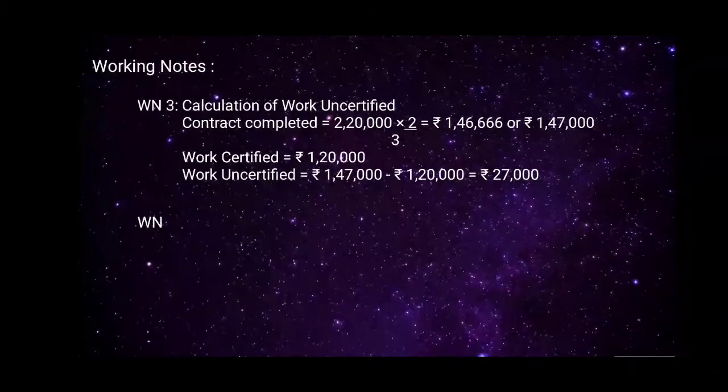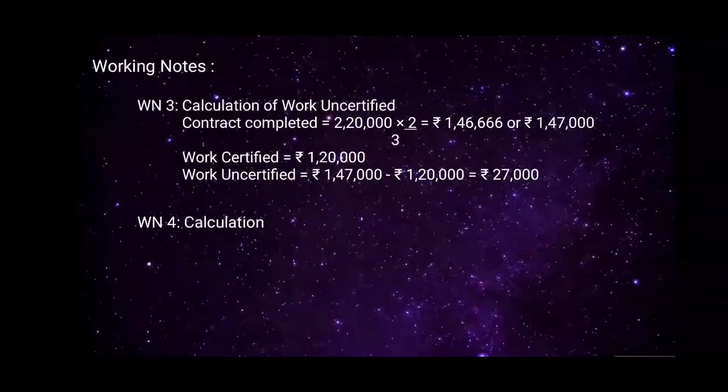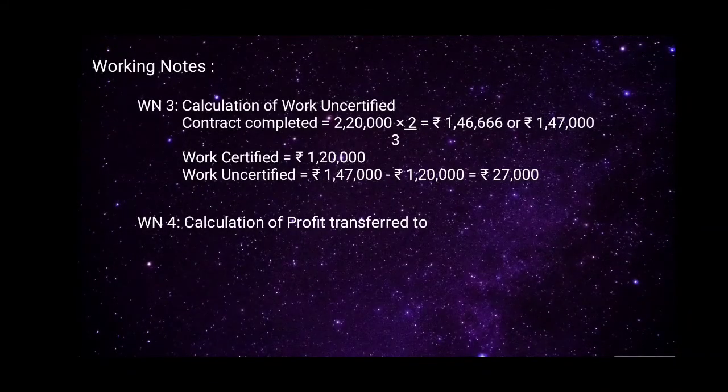So let us prepare a working note for calculation of profit transferred to profit and loss account. So working note number 4. Calculation of profit transferred to profit and loss account.